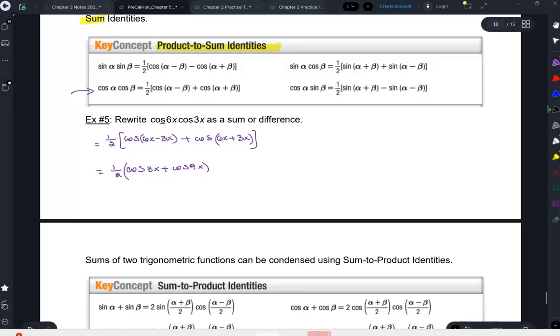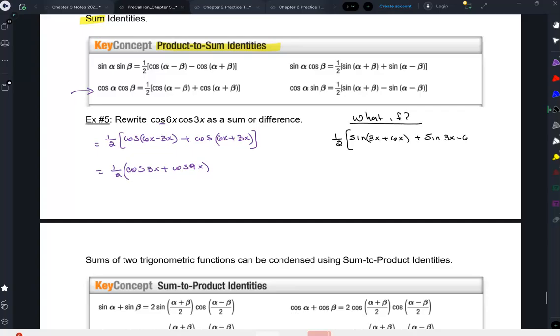But before we move on, what if you had this? Because this comes up all the time. What if you had sines of these? So what if you had this 1/2 sine 3x plus 6x, and then plus sine 3x minus 6x?